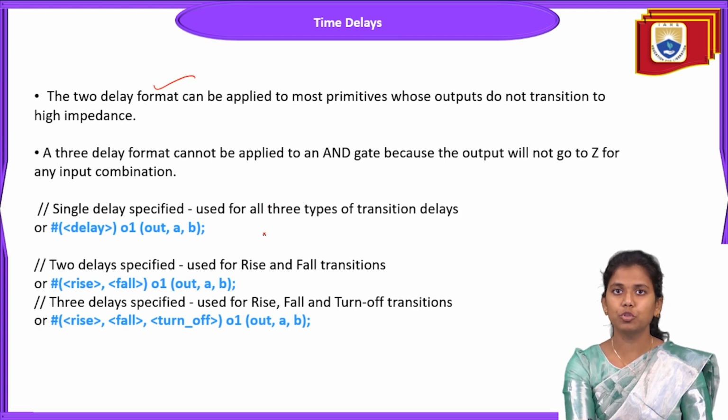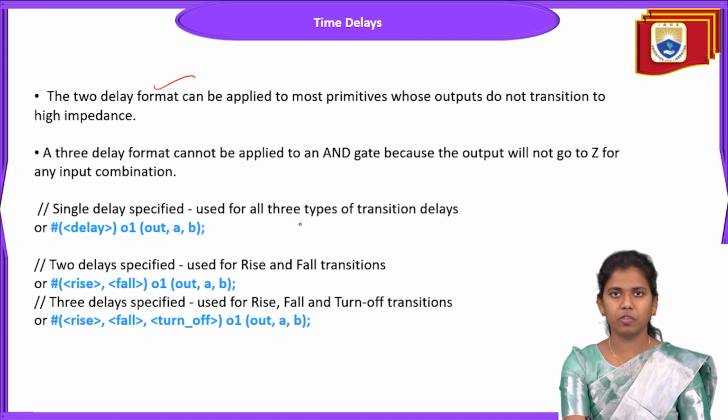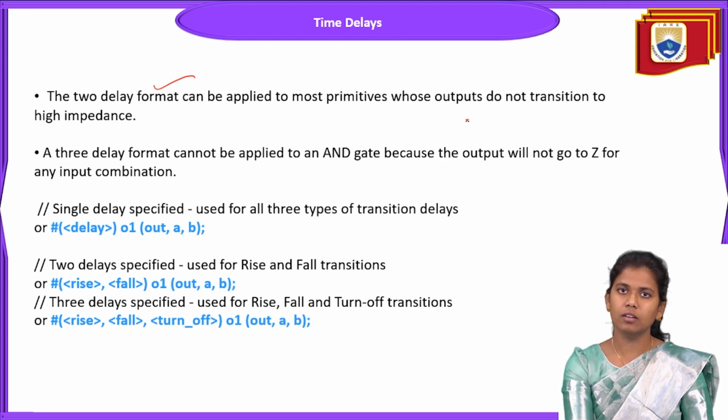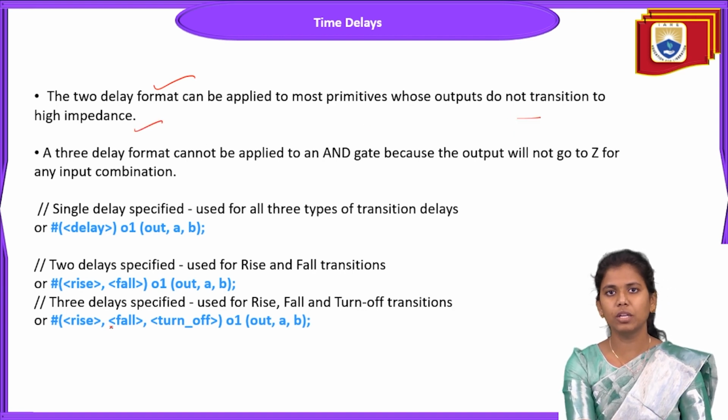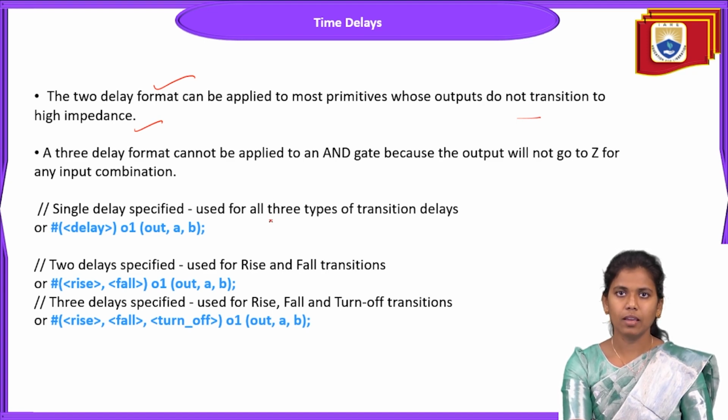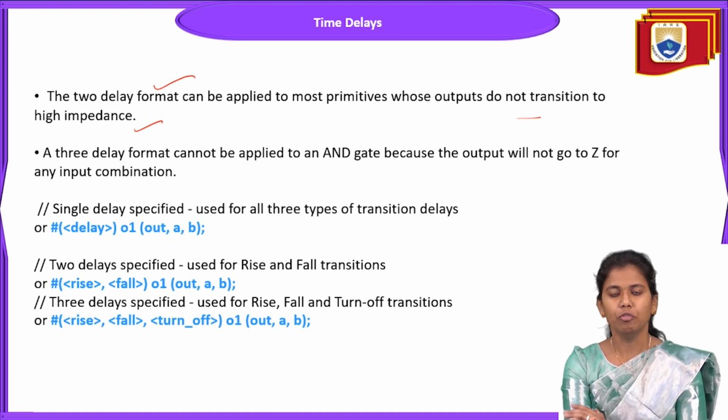In most primitives, the two delay specification can be applied when the outputs do not transition to high impedance. Why? Because in two delay transitions, we usually don't see any high impedance state or unknown state. Within the limit, the delays are observed with respect to the rise time as well as the fall time.